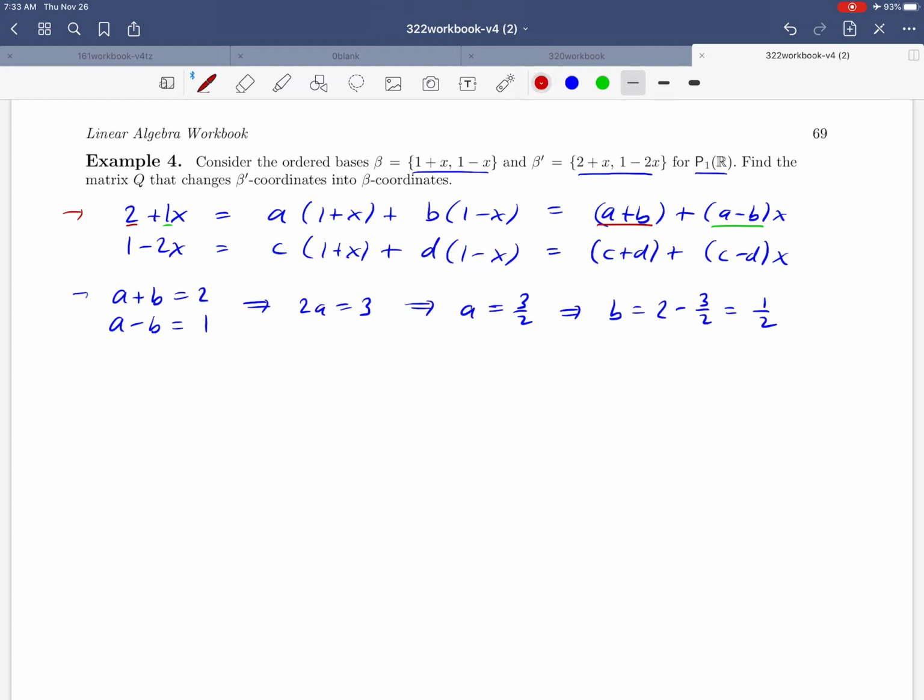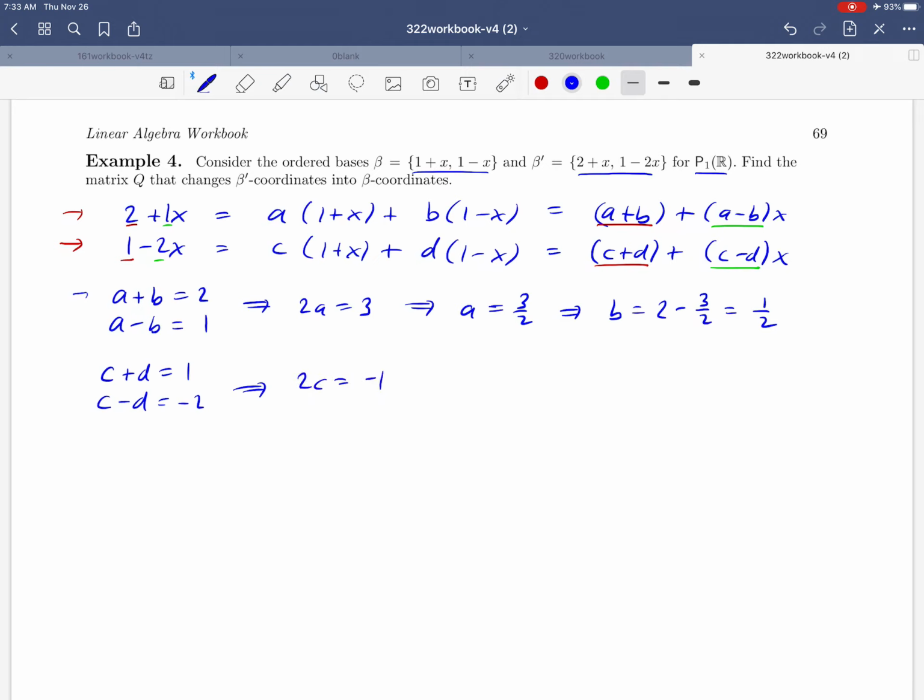We can now go up and ask, what would C and D be? Well, there we need C + D to equal 1, and we also need C - D to equal -2. That gives us a new system of equations: C + D = 1, C - D = -2. We go through the same process, adding the two equations together.